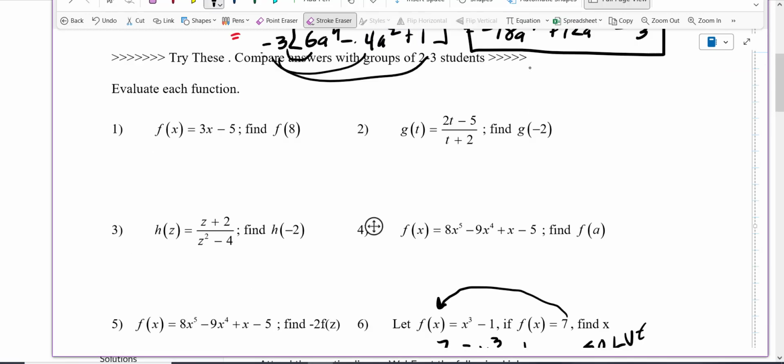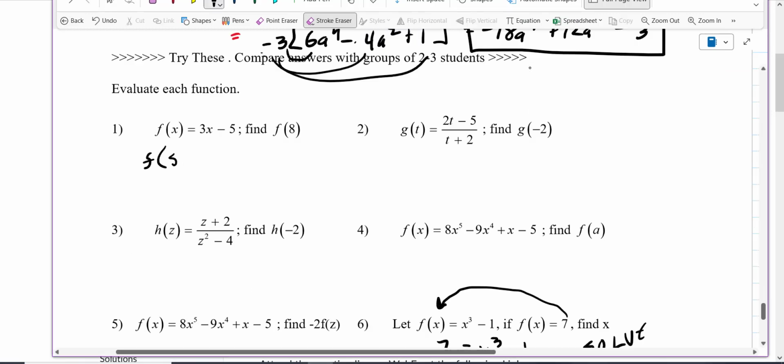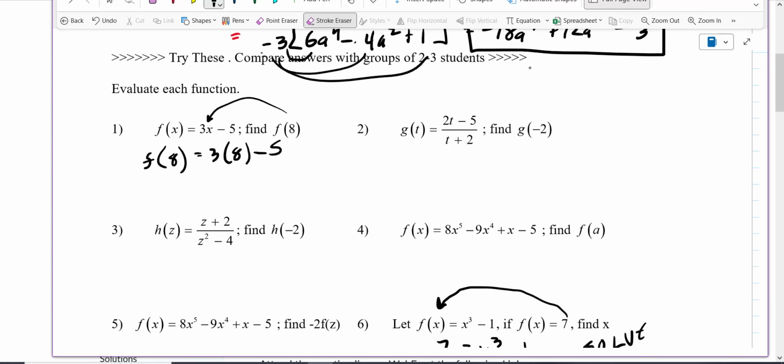Okay, and they start out real simple. So if you're doing f of 8, all you're doing is plugging that 8 in. So you're doing 3 times 8 minus 5. So that's 24 minus 5. So that is equal to 19. Okay, that's all you're doing on the first 3 problems, is plugging in. Same thing on the next one, just simply plug in.